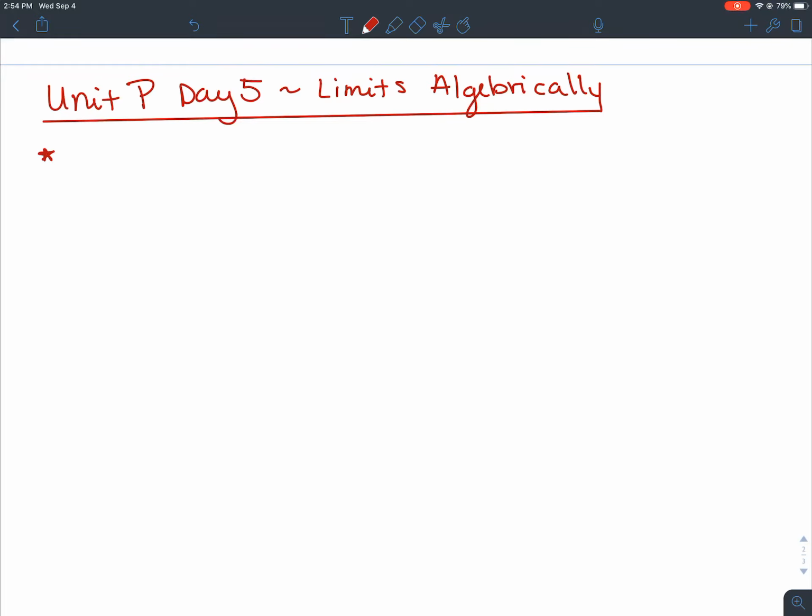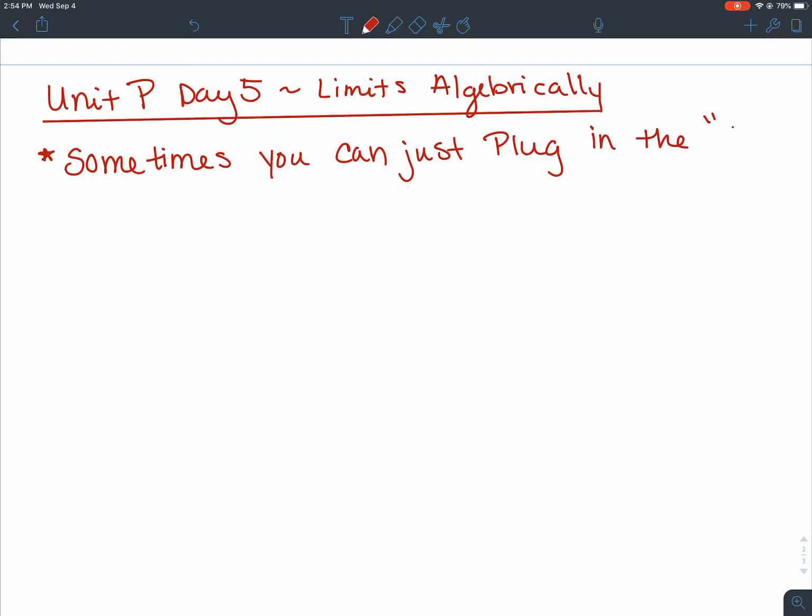Sometimes you can just plug in the c value as long as the graph is continuous.